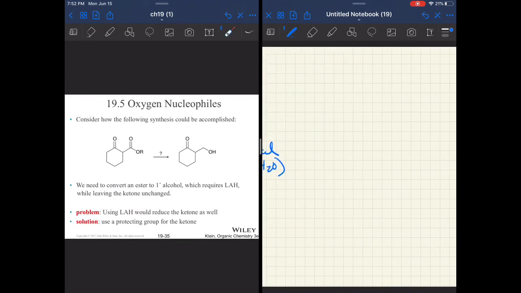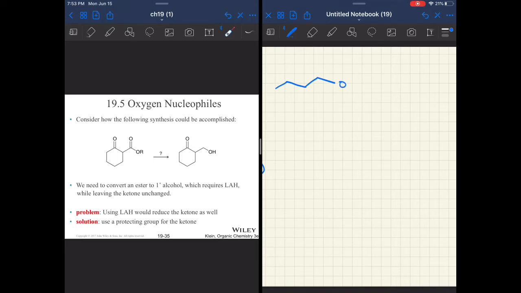So how can this be useful to us? Well, when we're dealing with different carbonyl compounds, we may want to be selective. So I'm going to make a version of this problem. I've got an ester and a ketone. So we're going to address this problem momentarily. If I want to reduce both of these, I can use lithium aluminum hydride and water.